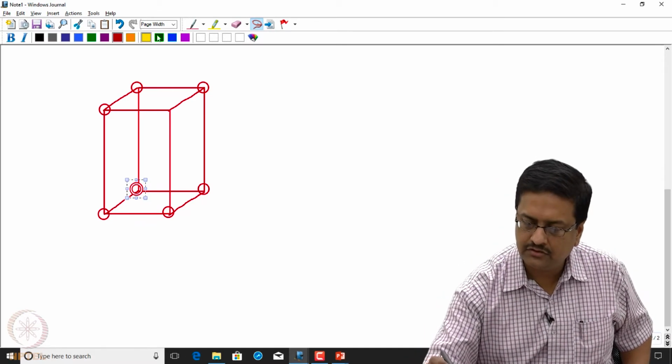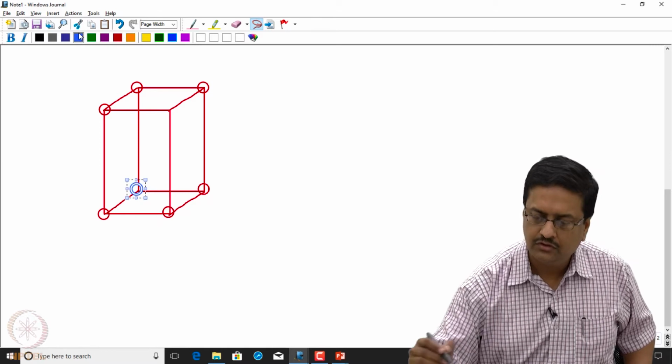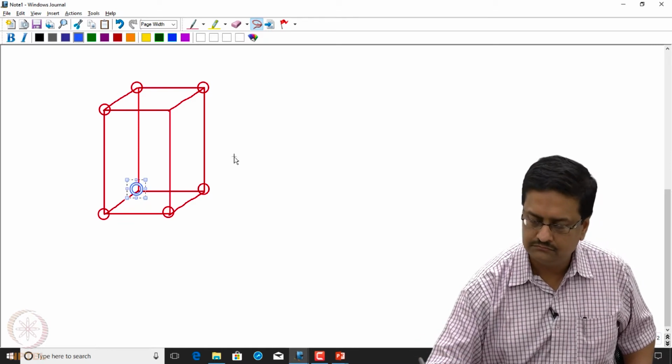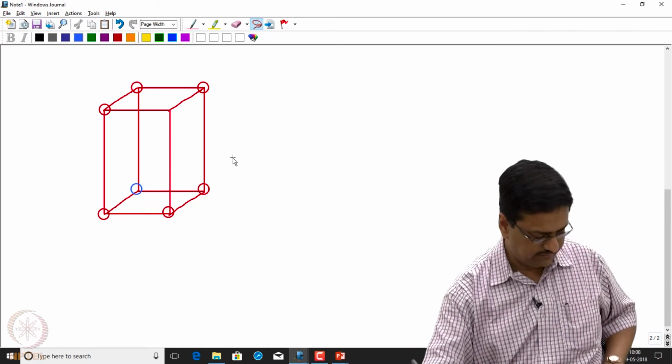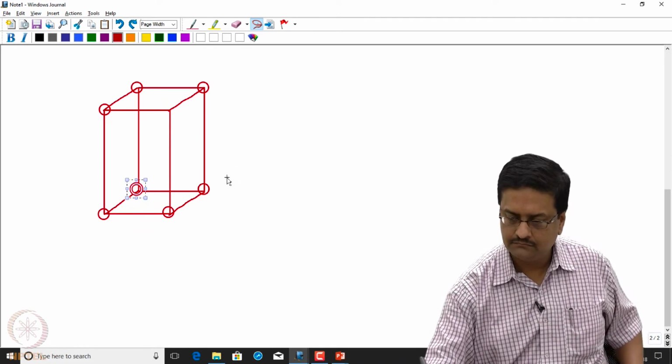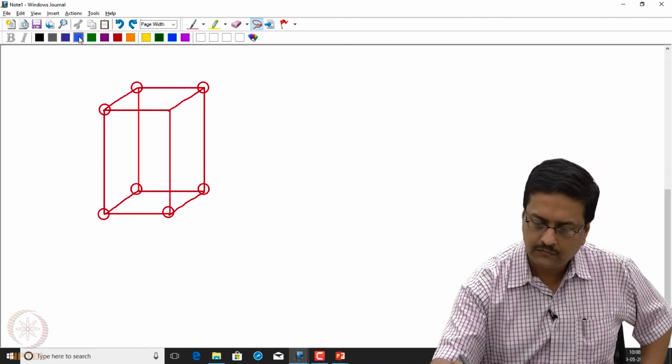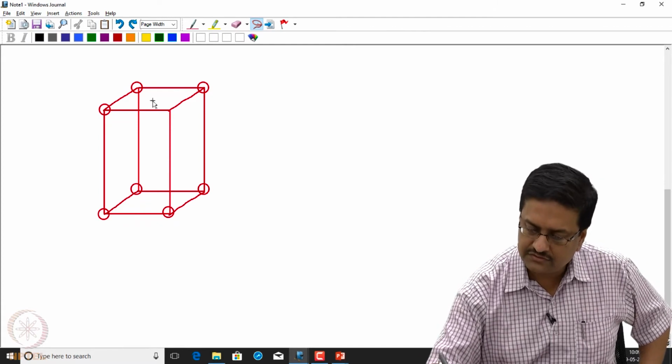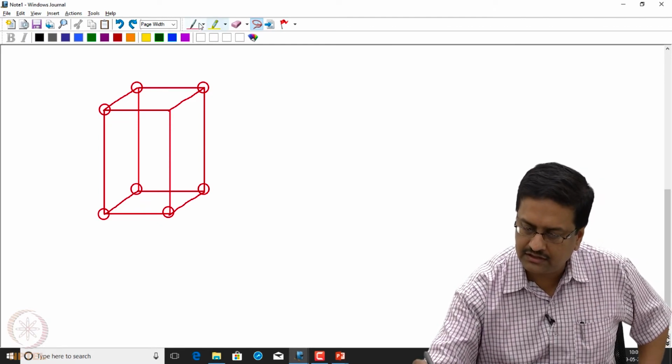And then I will draw the face atoms with blue, using a different color.